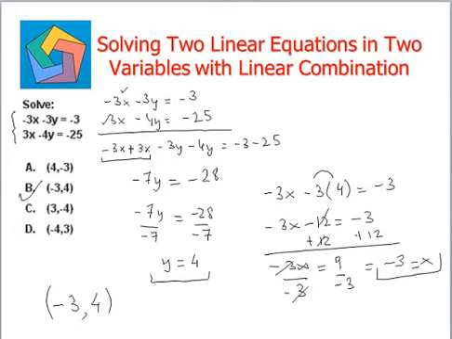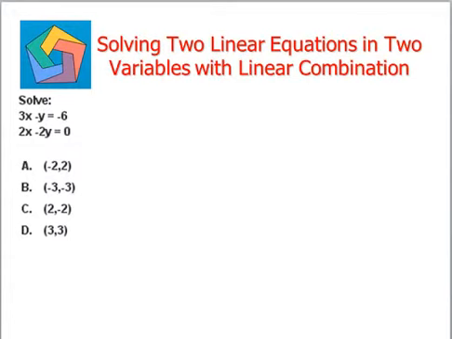Let's try the next question to make it easier. Solve 3x minus y equals negative 6 and 2x minus 2y equals 0. Let's multiply the first equation by negative 2 and we keep the second as multiplied by 1 only.